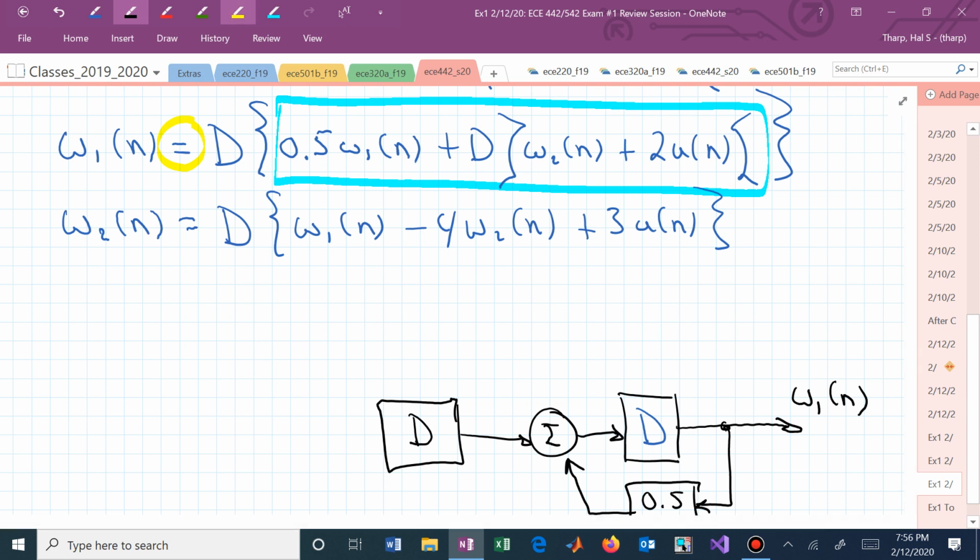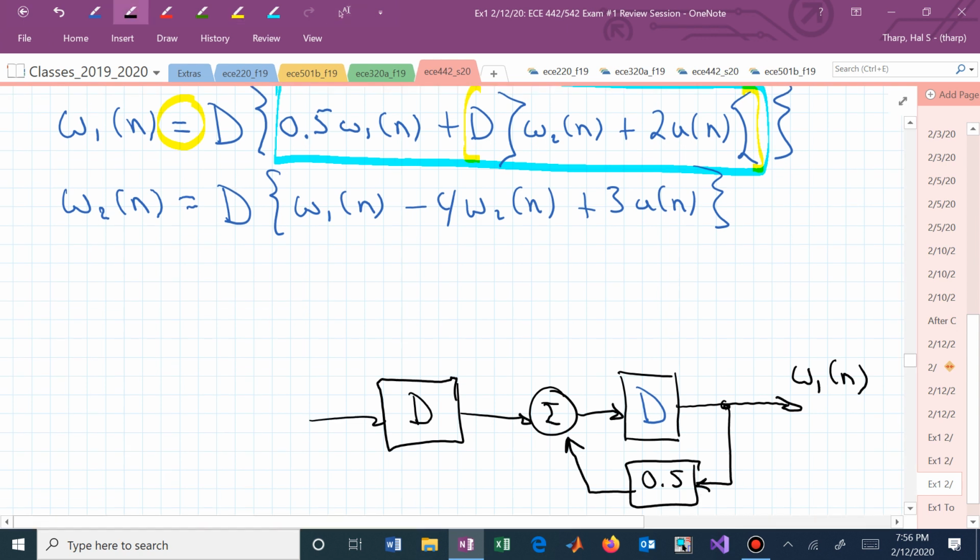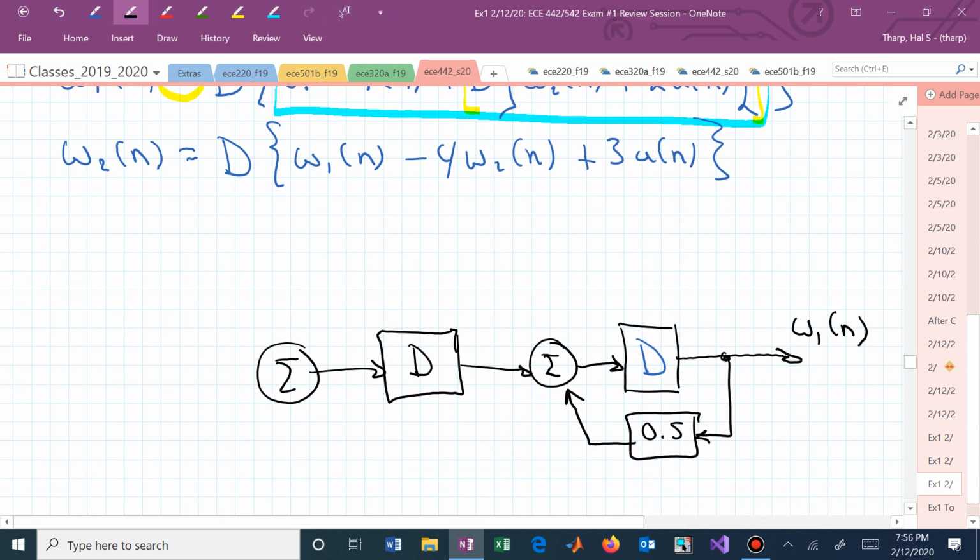And now I've reached this point. And what's the input to that delay block? The input to that delay block is what's inside those weird brackets. It's W2 of n.